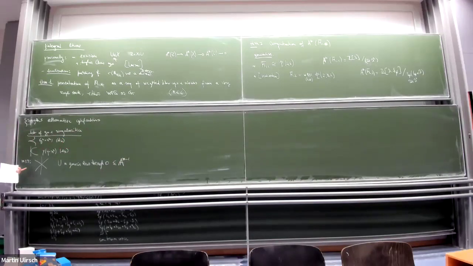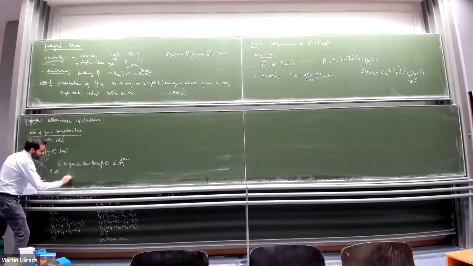So the next example in line is exactly the union of two lines inside the plane. And this is also a classical triviality that I present.